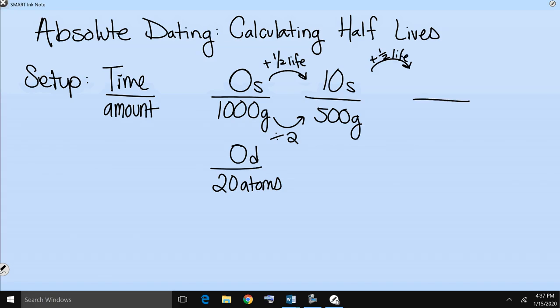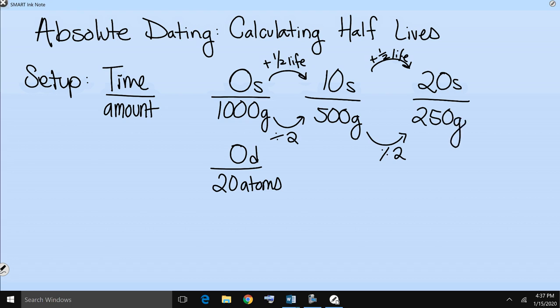So again, if our half-life is 10 seconds, one half-life is 10 seconds, 2 half-lives is 20 seconds. And the bottom, again, is going to divide by 2. Here we would now have 250 grams.